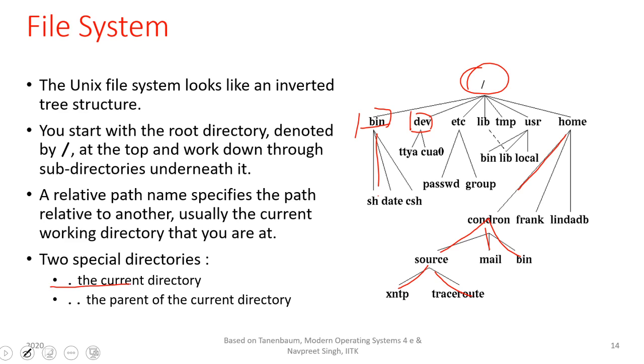Particularly the two common things that you may recall, in the context of command line interfaces, we may use a dot to denote the current directory and double dot to denote the parent directory. So if you want to go to the previous directory, we may issue a command of cd and double dot to go to the previous directory and so on. Some of these things you will cover in the practical component that is part of this particular lesson.